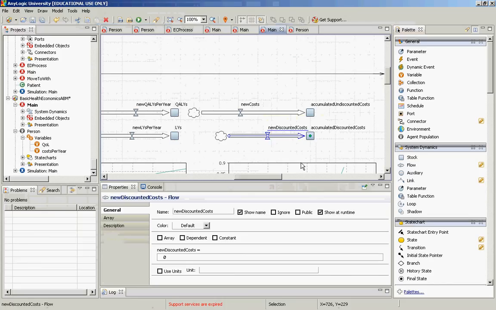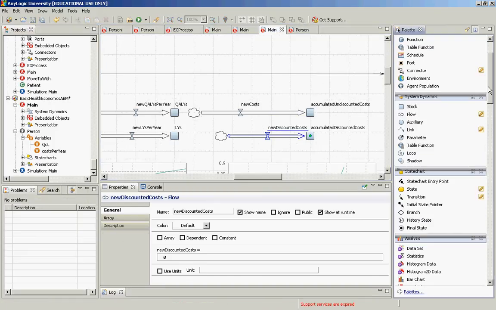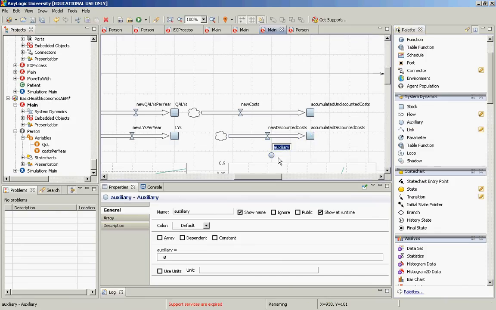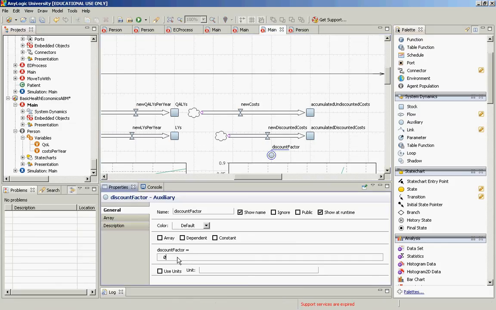To make this explicit, within system dynamics, I'm going to create an auxiliary variable here, which is going to be called discount factor. Okay, and this discount factor is going to be defined as e to the minus some discount rate times the amount of time that's elapsed from the beginning of the simulation.